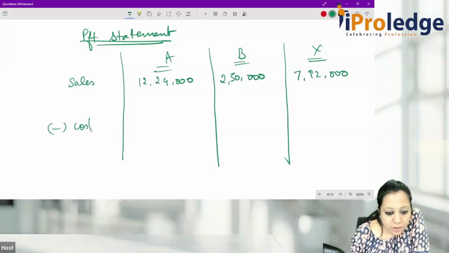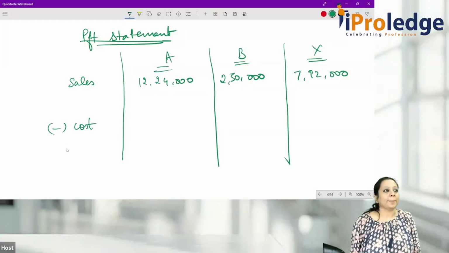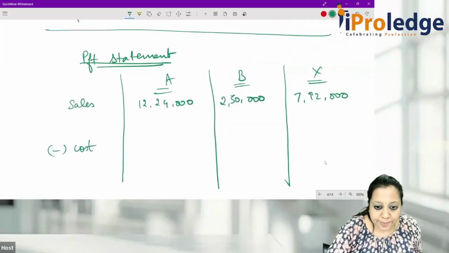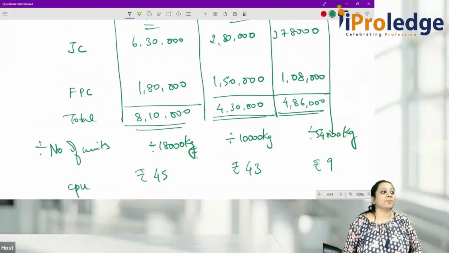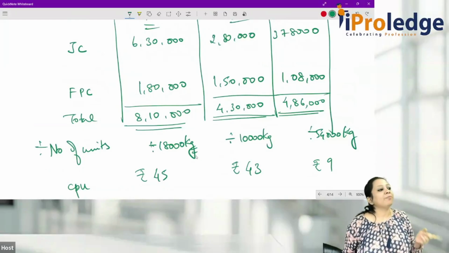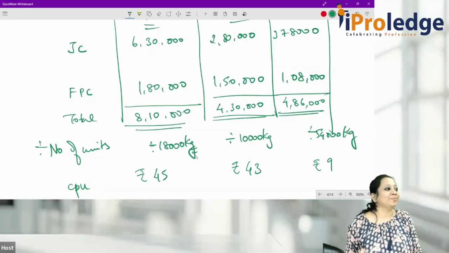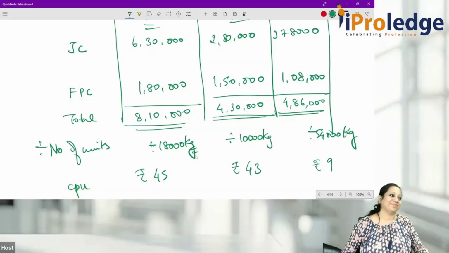Minus cost. First of all, I want you to understand one thing. Here we took 18,000 kgs because the cost was incurred for all the products. When I'm finding out profit now, it is only on the number of units sold, because how can I make profit on units not sold?